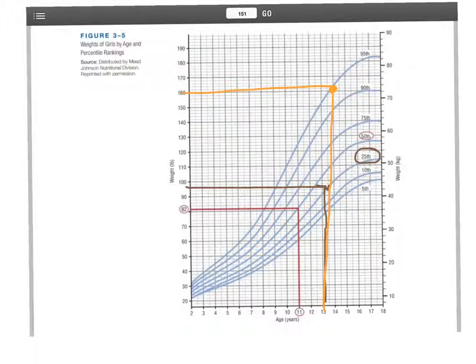Newsflash for everyone: it doesn't make sense to worry about what percentile you're in, because somebody has to be in the 90th percentile, and someone has to be in the 10th percentile. That's how these work. You can't have a distribution where everybody's over the 50th percentile. It doesn't make any sense. Somebody has to be in the 10th percentile, and somebody else has to be in the 90th percentile.